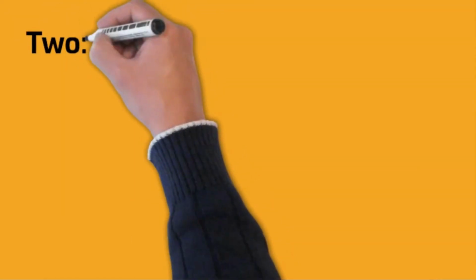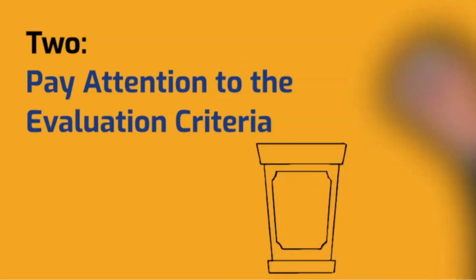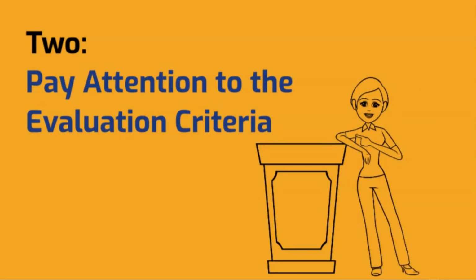Second, the government will tell you the evaluation criteria that will be used to evaluate proposals. So before you submit, check your proposal to be sure you've addressed each of the criteria, and make sure that the person reviewing your proposal can easily find your response to each of the evaluation criteria.